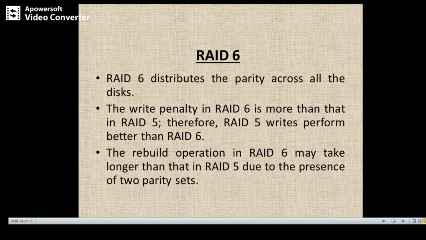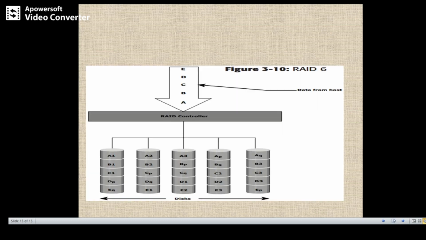So we are using double parity, which means for a single disk we compute 2 parities. For example, AP and AQ for disk A, BP and BQ for disk B, CP and CQ for disk C, DP and DQ for disk D, as well as EP and EQ for disk E.